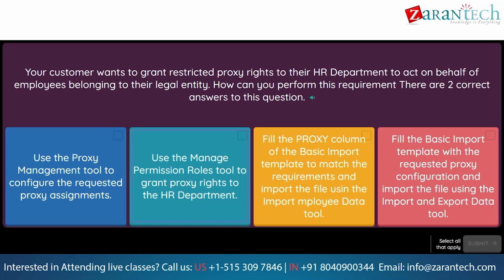Option 2, use the manage permission roles tool to grant proxy rights to the HR department. Option 3, fill the proxy column of the basic import template to match the requirements and import the file using the import employee data tool. Option 4, fill the basic import template with the requested proxy configuration and import the file using the import and export data tool.